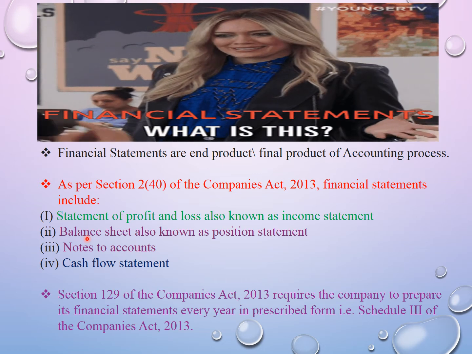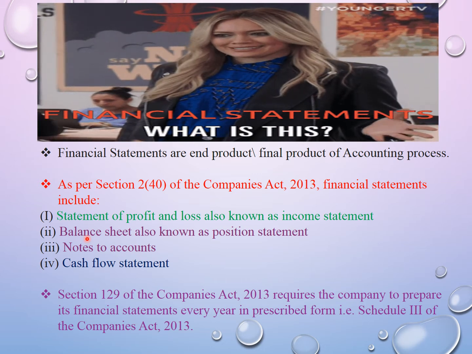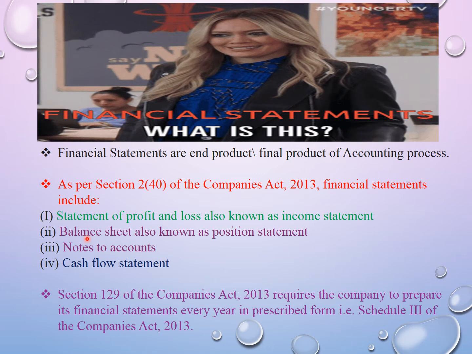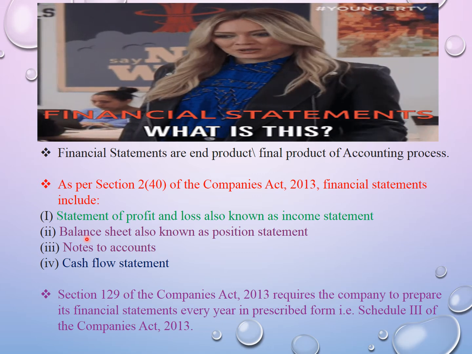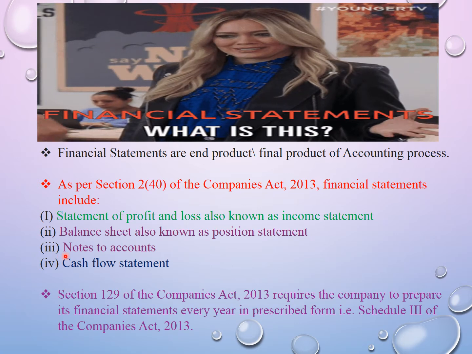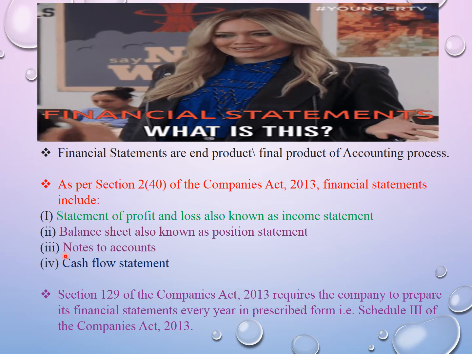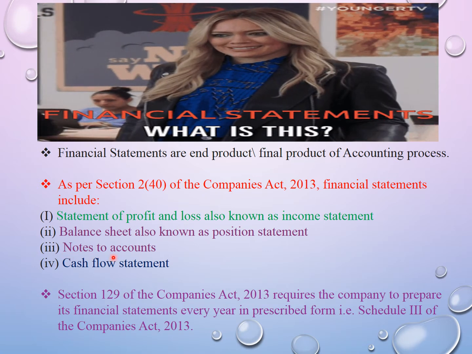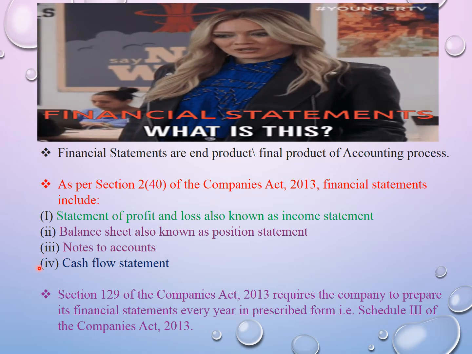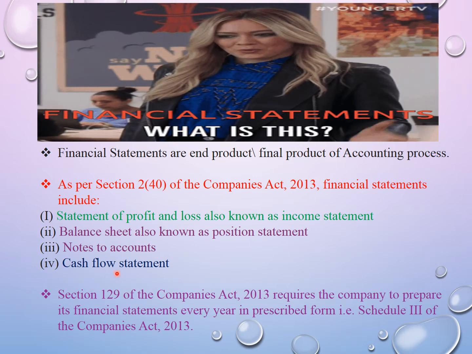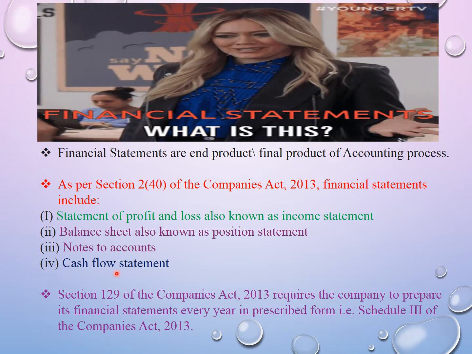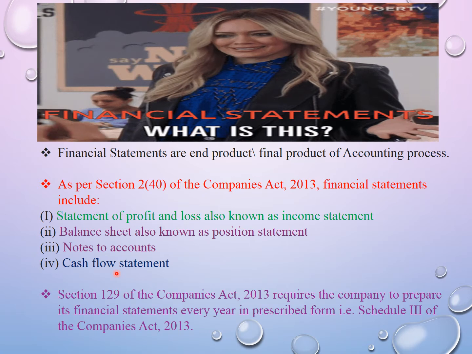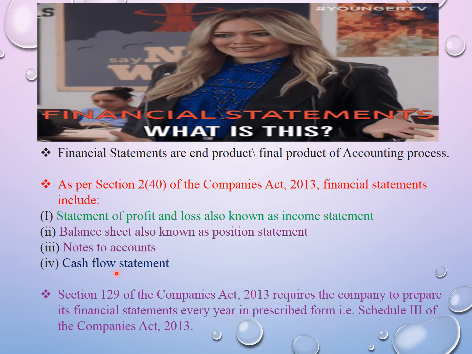Companies Act 2013 makes it mandatory for every company to support its balance sheet along with notes to accounts. Finally, the cash flow statement also falls under the financial statements category, which reveals the inflow and outflow of cash from three different sources.